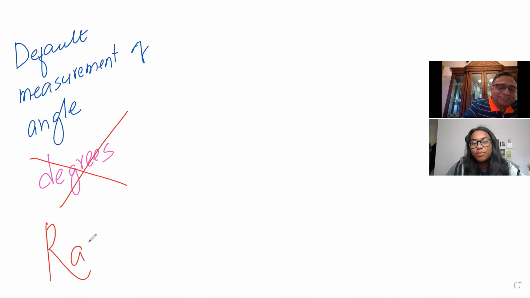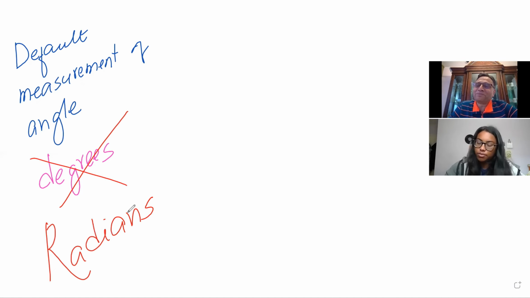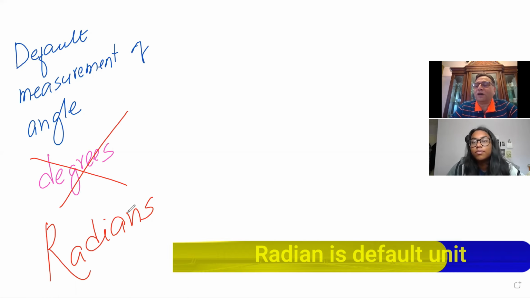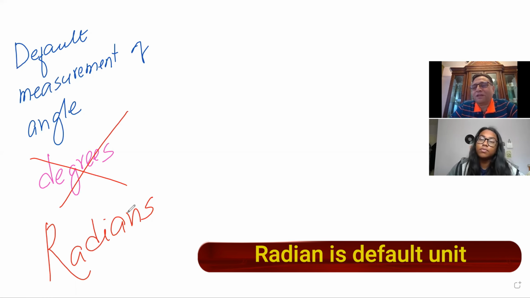So remember, radians is the default unit for measuring angles. Unfortunately, we actually discover this at the end of our school, and always work with degrees. You will now realize why radian is the default unit. In calculus, when you take it up, all the measurements of angles will be done in radians.